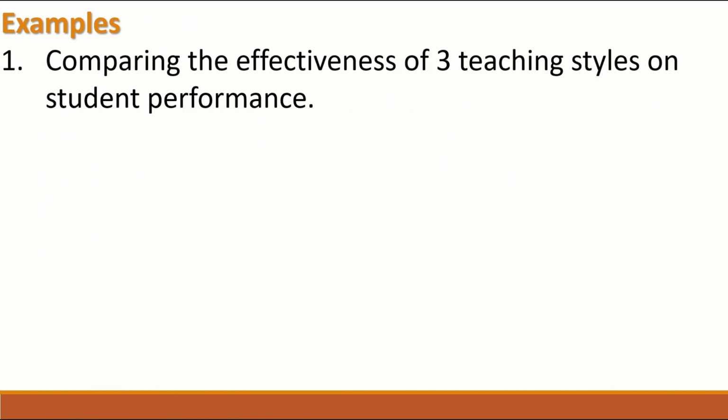An example of a repeated measure that can be used for the Friedman test is when we want to compare the efficacy of 3 different teaching methods on student performance, whether any of the 3 different teaching styles can enhance the student performance.